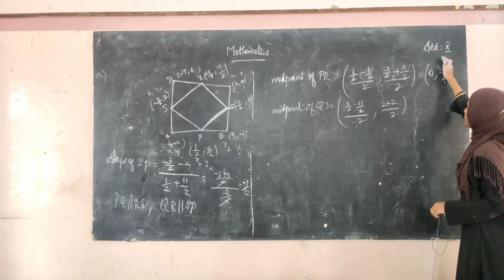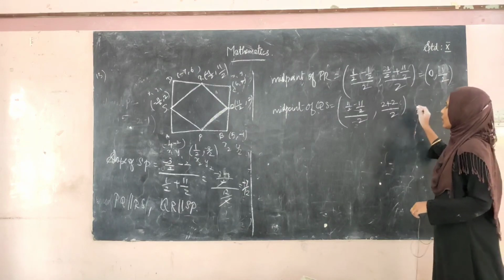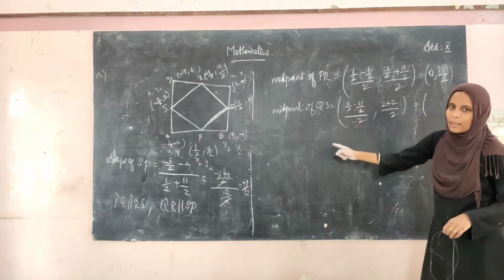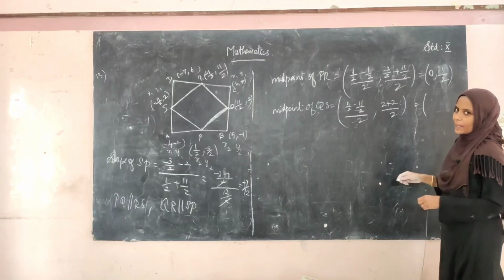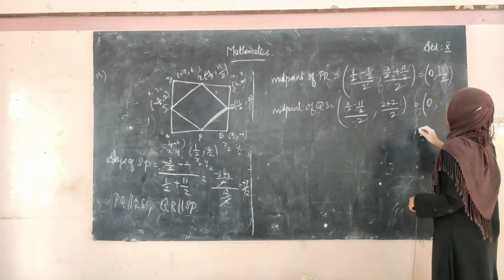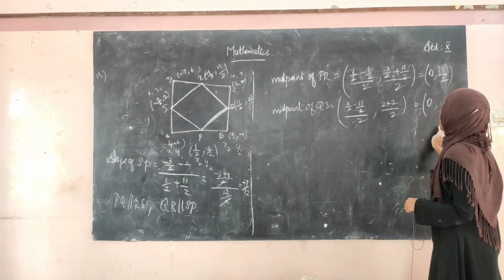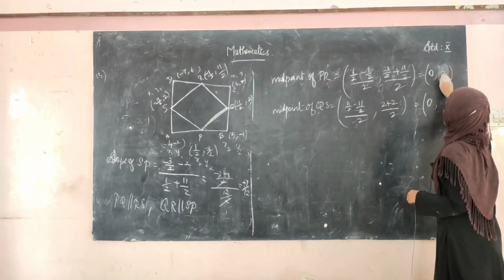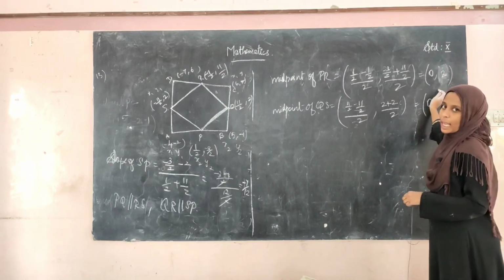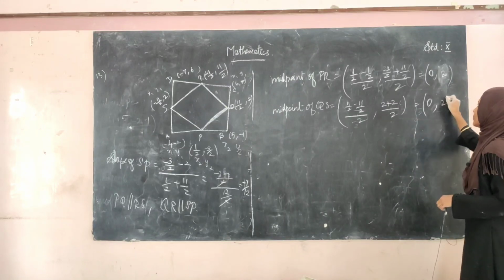So here it is 11 by 2 minus 11 by 2 is 0, 0 by anything is 0, so 0 comma 4 by 2, because 8 by 4 is 2, not 1 by 2. So comma 4 by 2 is 2.